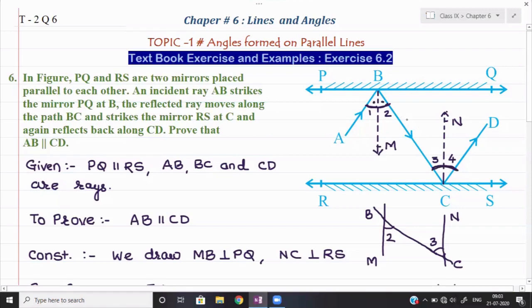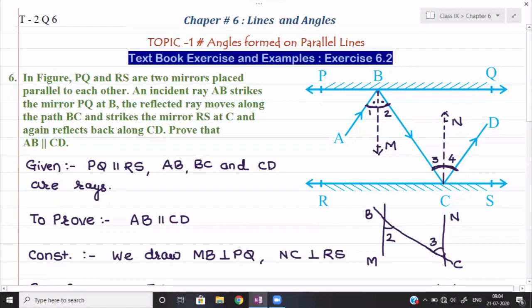Observe it carefully: 1 plus 2 means angle ABC and 3 plus 4 means angle BCD, and these two angles are alternate angles. And if I prove these two alternate angles equal, I can say that lines AB and CD are parallel.